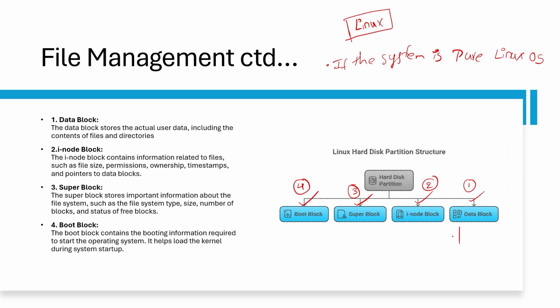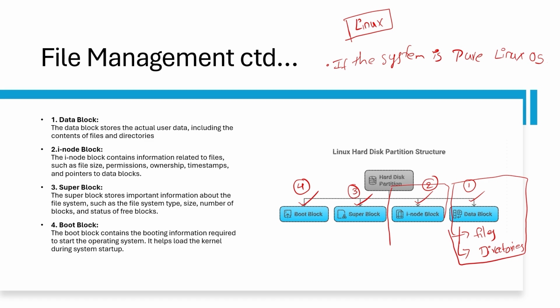It contains files and directories. If you create any file, it will be stored in this data block.